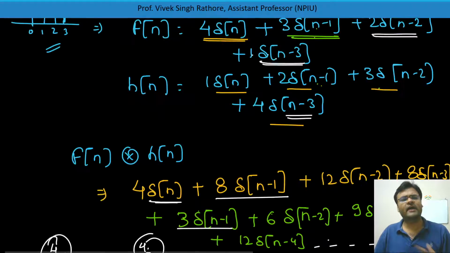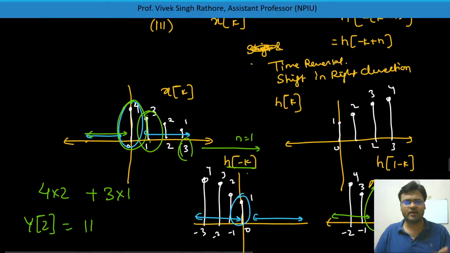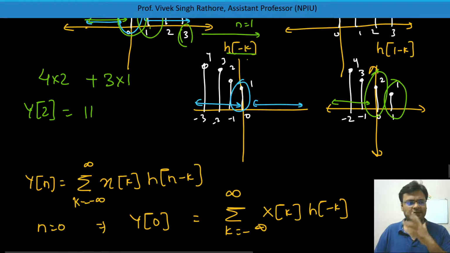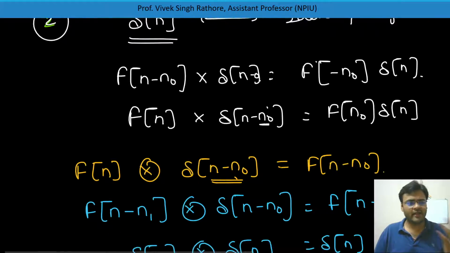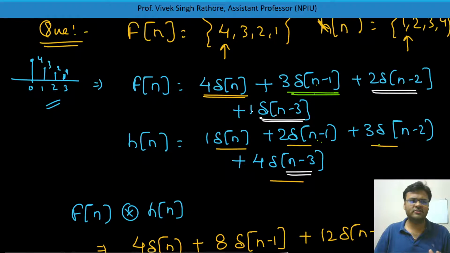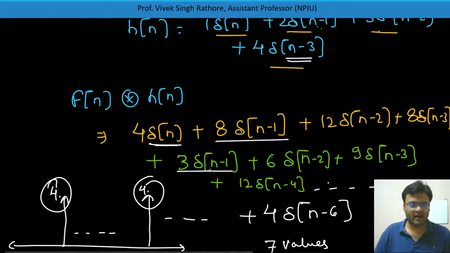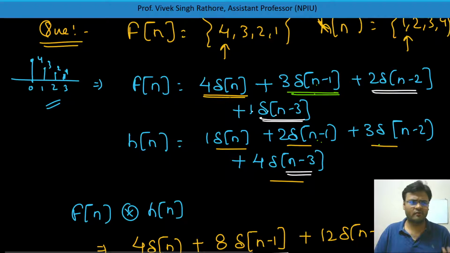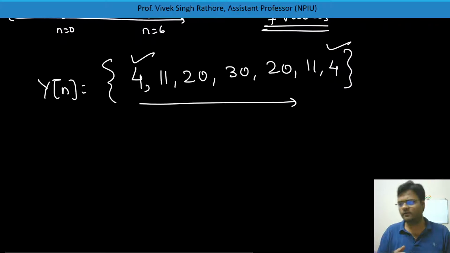It is, I think, simpler than this method, because here every time you need to plot a graph, and then after shifting you need to multiply, and then you need to see the answer. So this graphical method will take so much time. From that, this will take less time, because here just multiplication is there. I think for this many values it will take hardly around 3 to 4 minutes. You will just do multiplication and see the output. So you'll get this output.